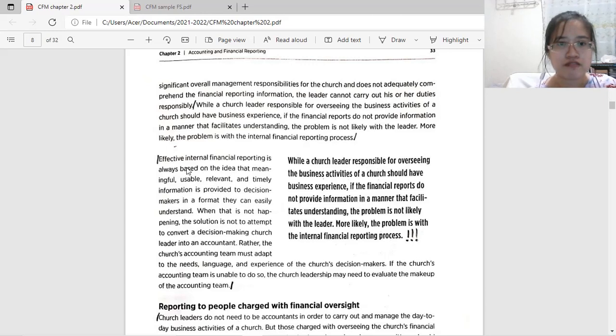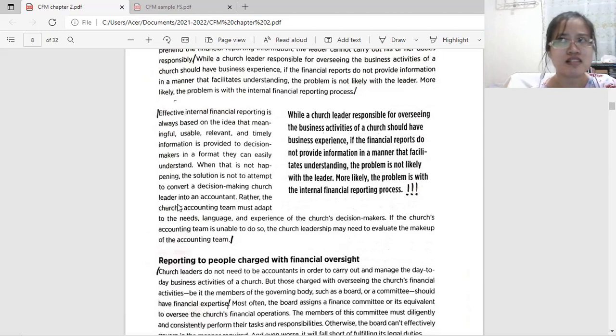Effective internal financial reporting is always based on the idea that meaningful, usable, relevant, and timely information is provided to decision makers in a format they can easily understand. Okay, so they would need the financial information to make well-informed decisions, because a decision might change depending on the available information that they have.